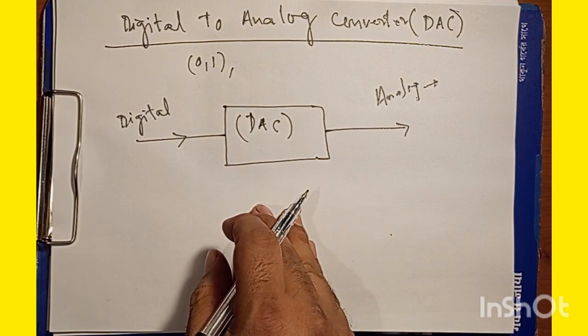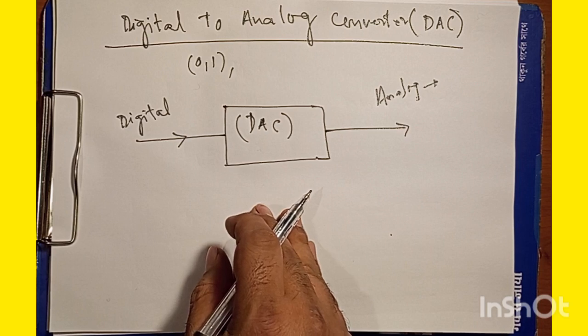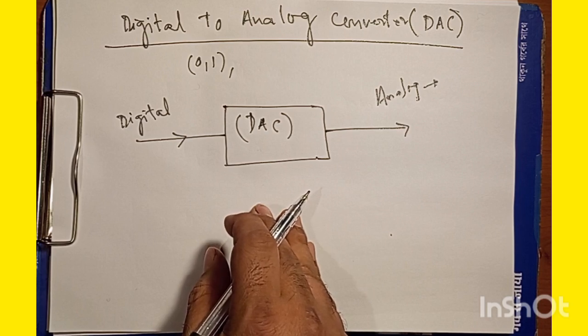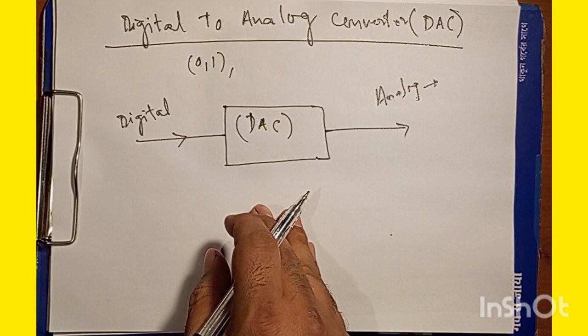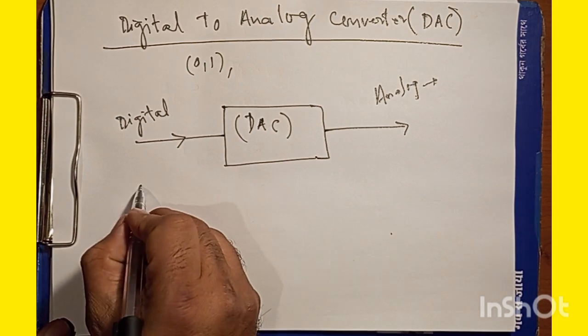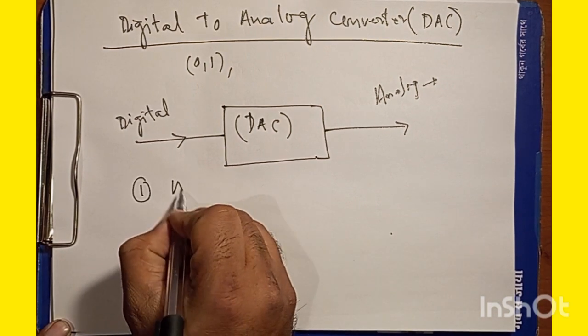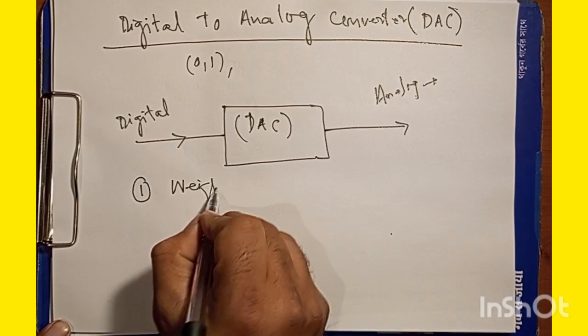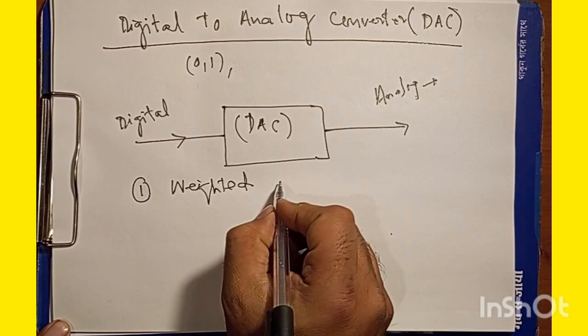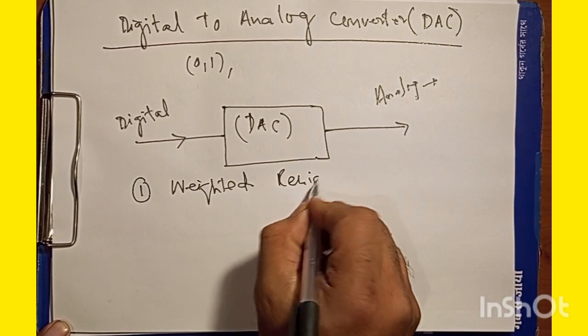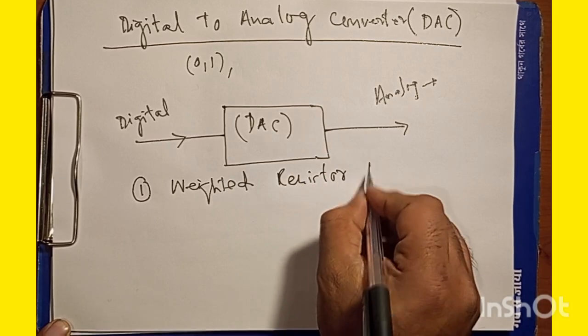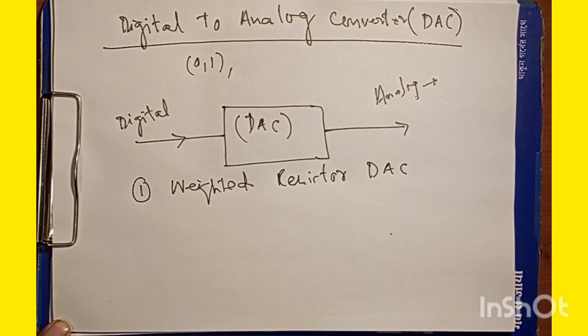Now there are two types of DACs. One is called weighted resistor DAC.